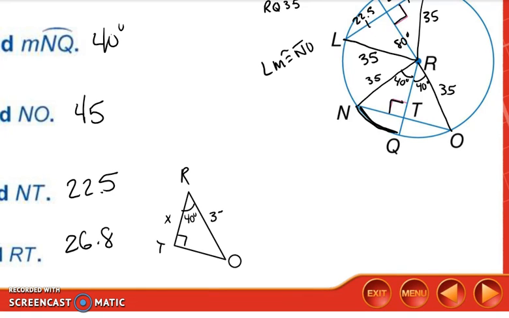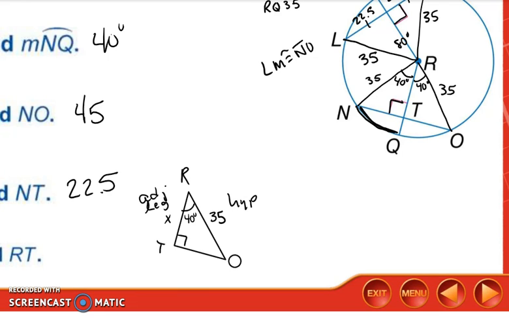It's the length. So we're going to use our trig functions. 35 is the hypotenuse. X is a leg. It's adjacent. So we're going to use the cosine function. Sorry, my notes had the wrong thing on here.